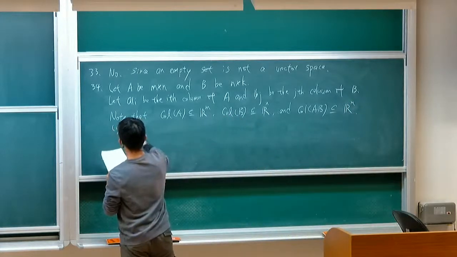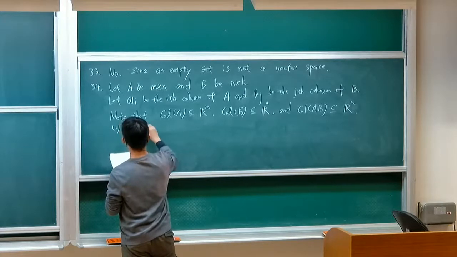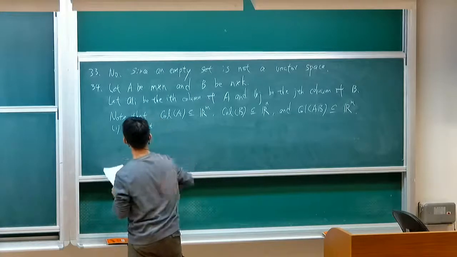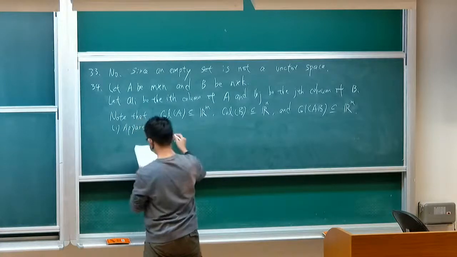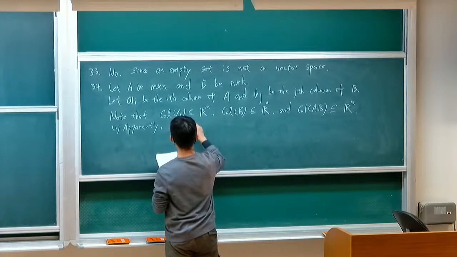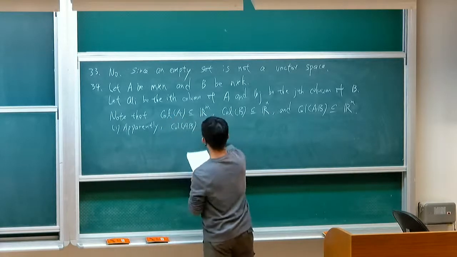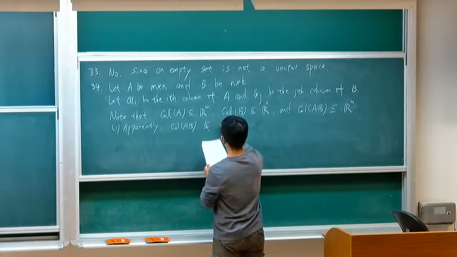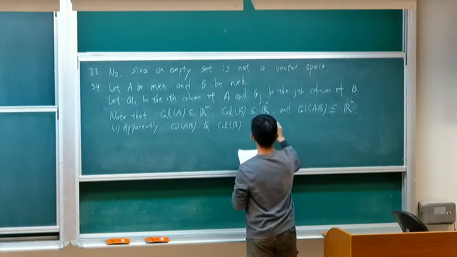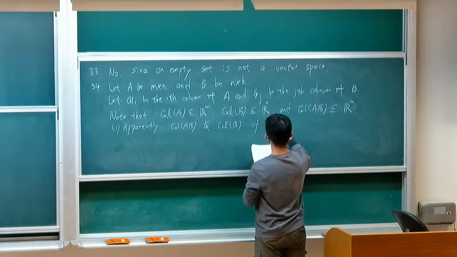Then apparently the column space of AB is not a subset of the column space of B if m is not equal to n.